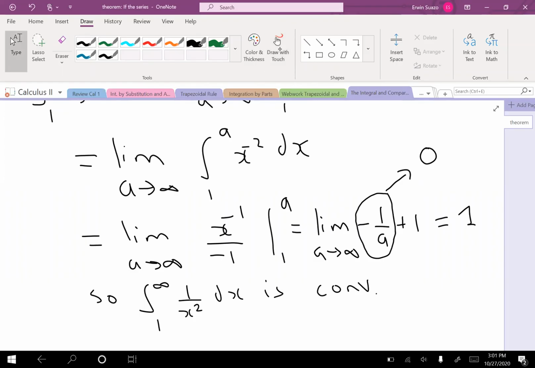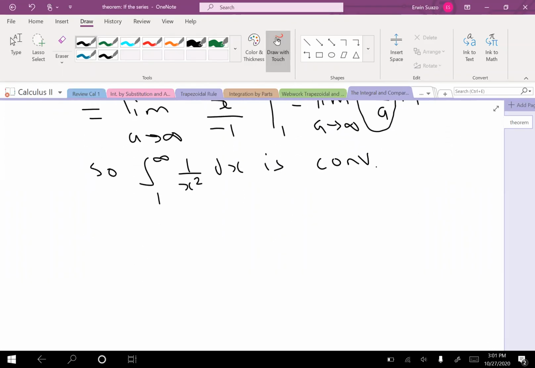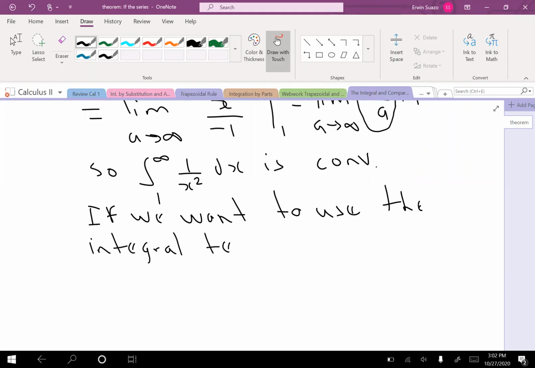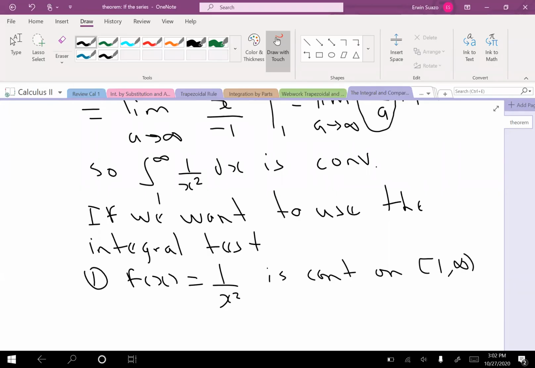So now, if we want to use the integral test, first, f of x, that is 1 over x squared, is continuous on 1 to infinity. 1 over x squared looks something like this.